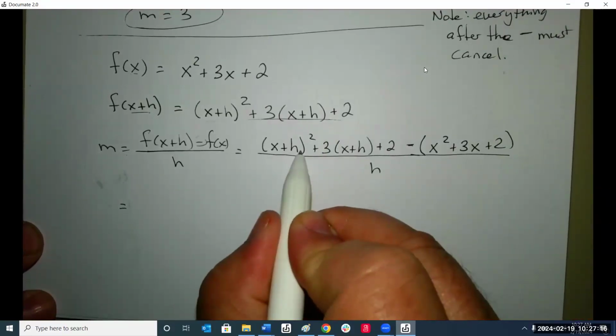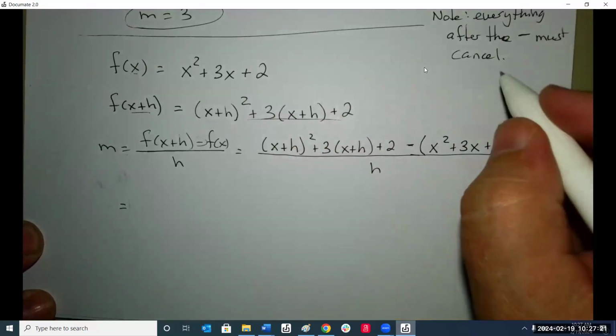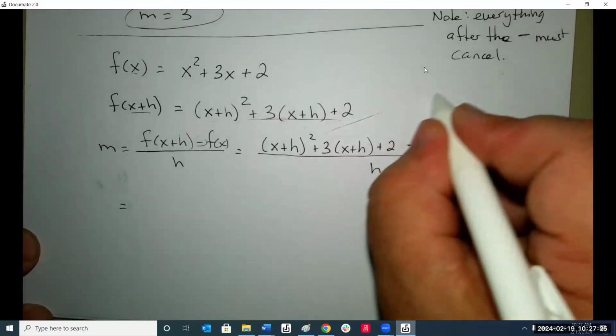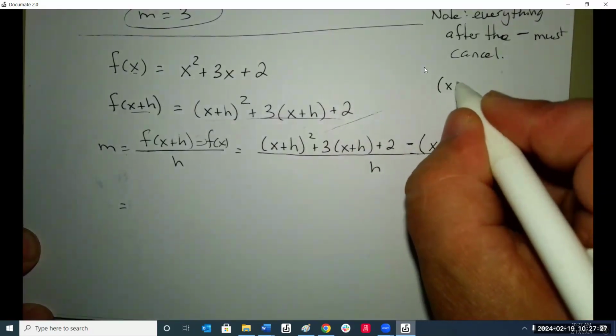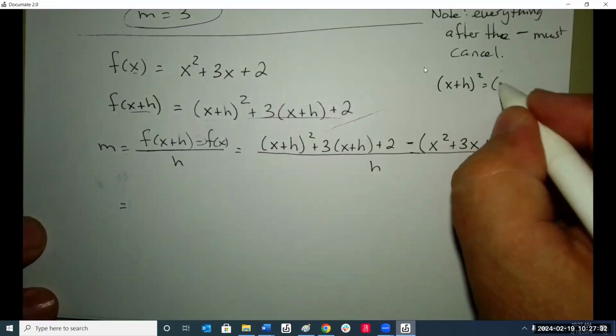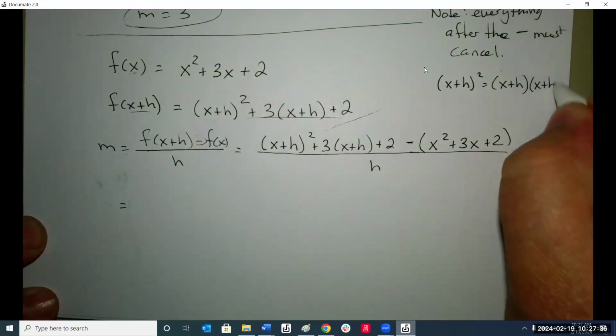This first part, I'm going to put it up here. So this first part is x plus h squared, which is x plus h times x plus h.